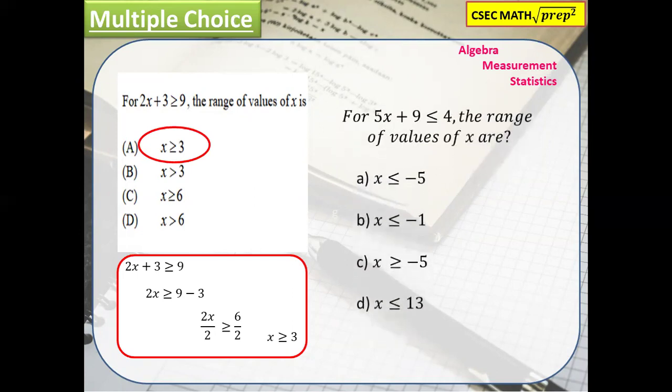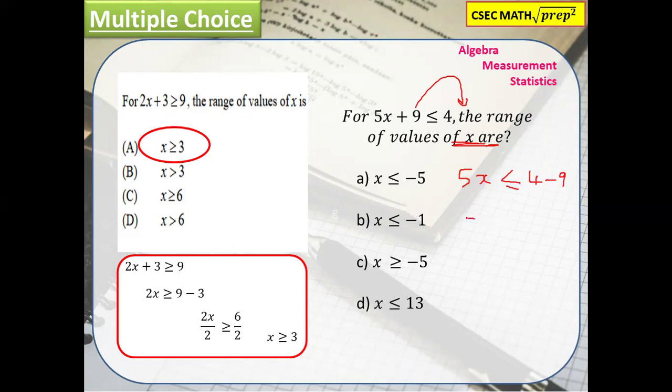And this question here on the left is a very similar question. What's being asked is for you to write down the values of x. So what we're going to be doing is subtracting 9 on both sides. So we'll have 5x less than or equal to 4 minus 9.